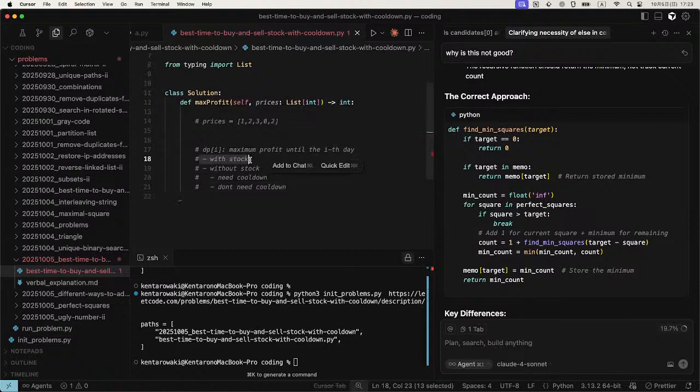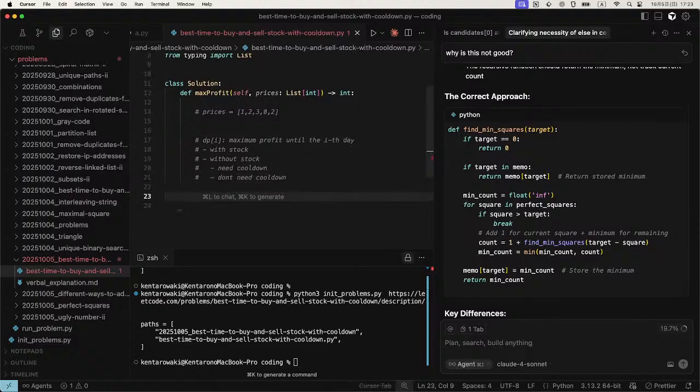So there are 3 states we should manage, right?